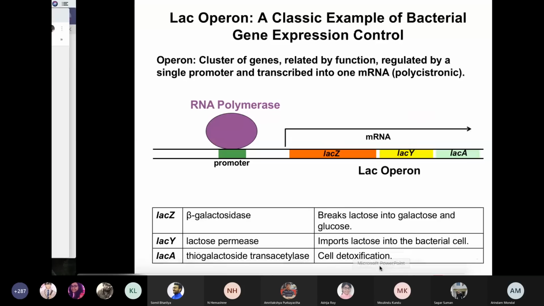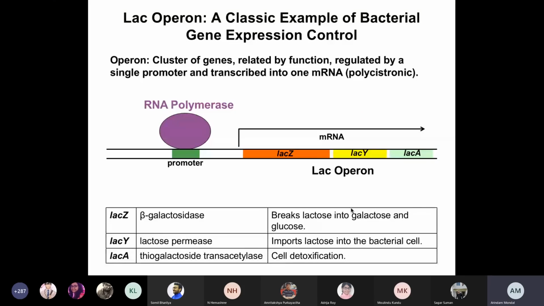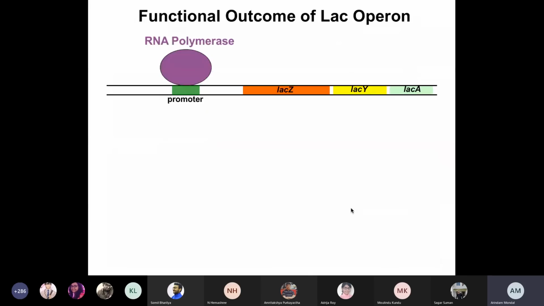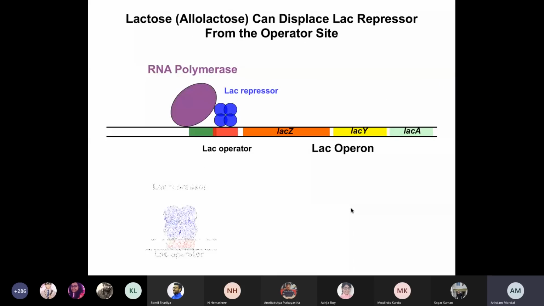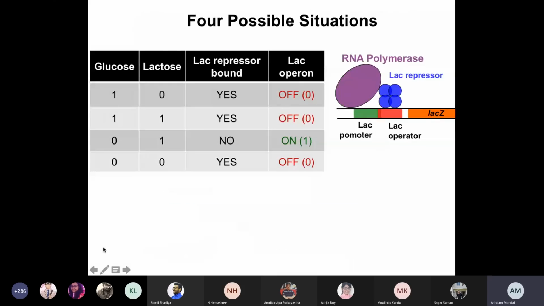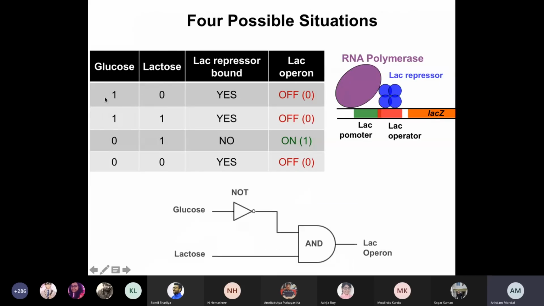Okay. So in this particular case, the operon is named after lactose. That is why lac operon. So if the lac operon remains switched on, it will be metabolizing the lactose. And when will it remain switched on? When you have glucose but no lactose, the lac operon remains switched off.